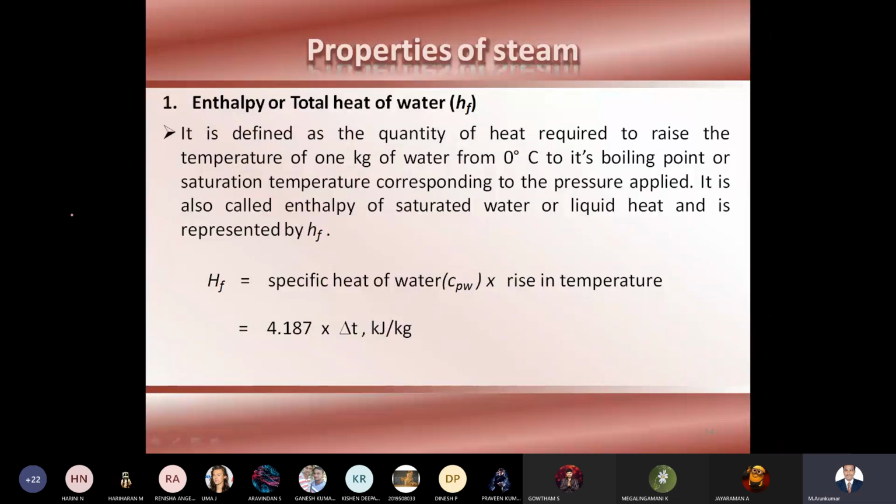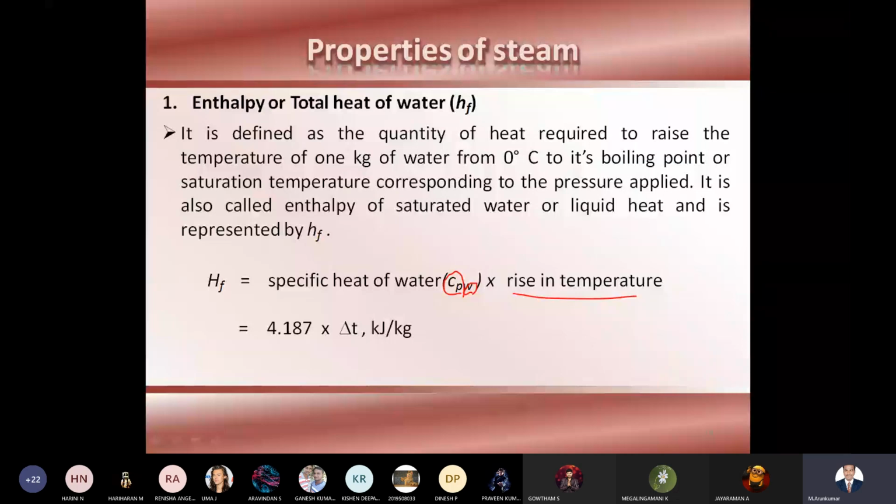You know that hf can be calculated as the specific heat of water at constant pressure, cp, into the change in temperature, that you know the formula of. So hf can be calculated with this formula.